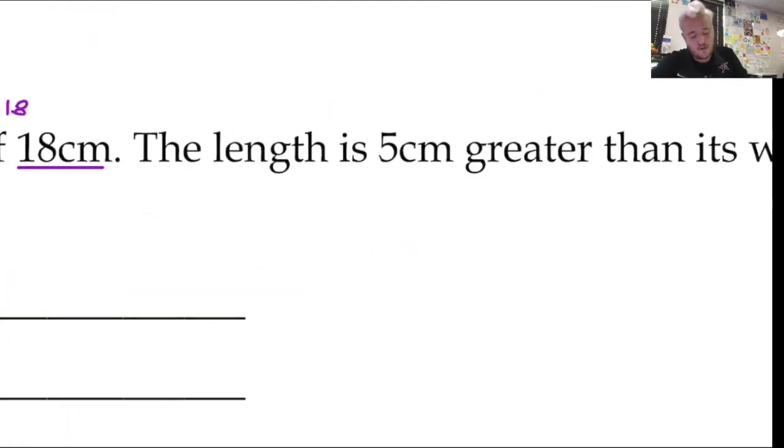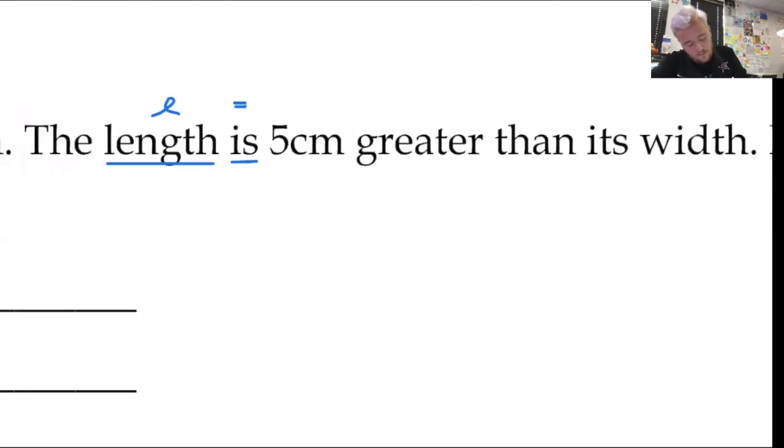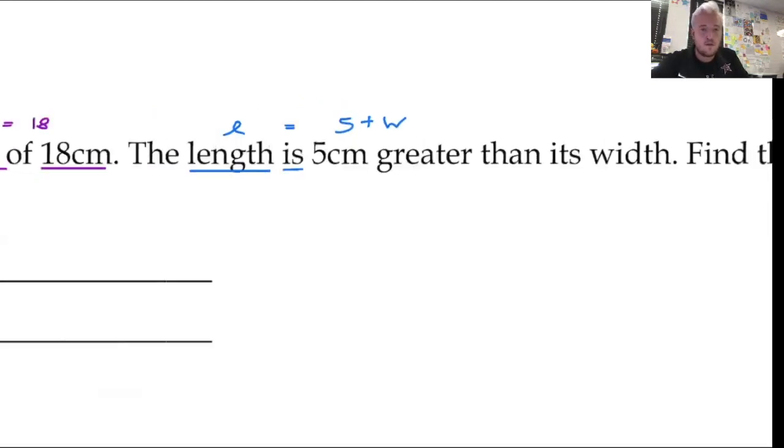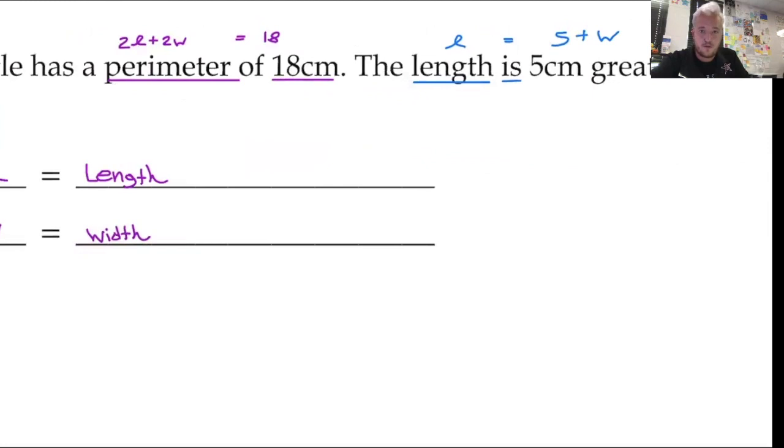And then they're saying over here, the length. So the length is 5 greater than the width. So that means 5 plus W, or W plus 5. So those are going to be our 2 equations here.